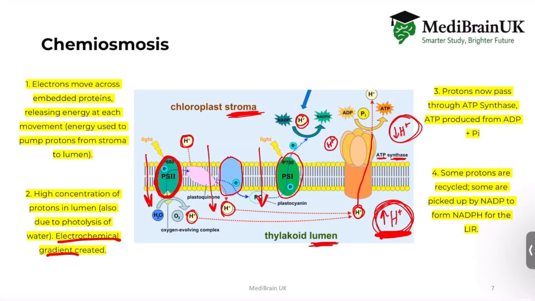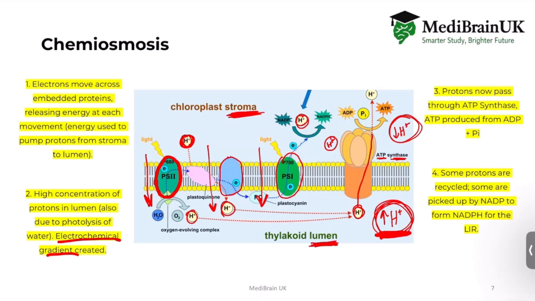It gives the electrons a lot of energy so they can move between carrier proteins. When they move through these carrier proteins, they will be releasing energy at each stage of movement. And then we come on to the chemiosmosis stage. The energy that is released by the electrons is used to pump the protons which are present in the stroma of the chloroplast, which is just here, across into the thylakoid lumen.